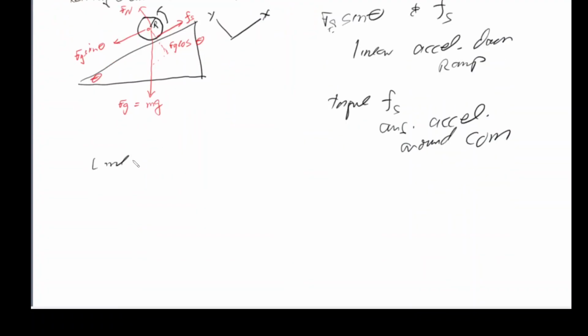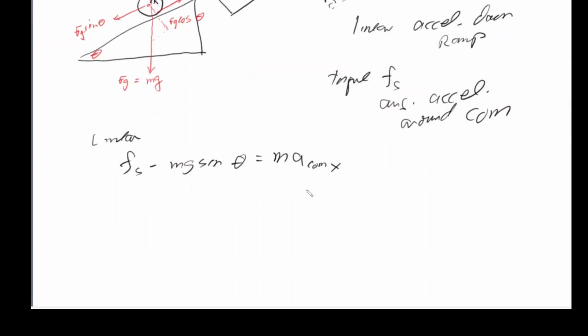So the linear part of this, we know that force of friction minus mg sine theta is equal to m times the acceleration of the center of mass in the x direction, with positive x being up the ramp. And that's Newton's second law.